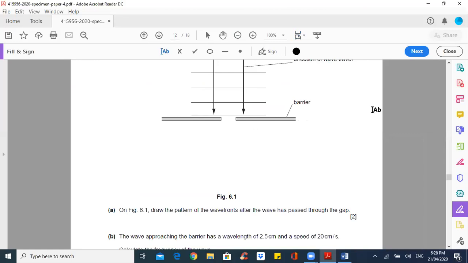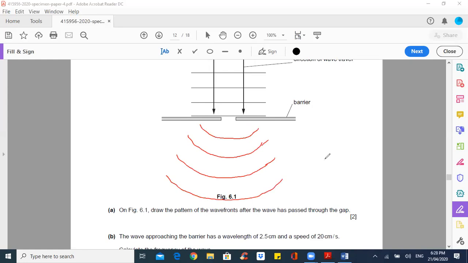So your pattern should be like this, all equally spaced out. Four wave fronts. Make sure this distance is the same distance behind the line, right? So something looking like that. That should be the answer.